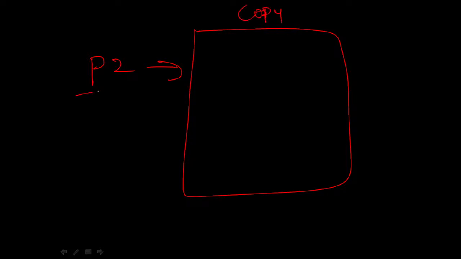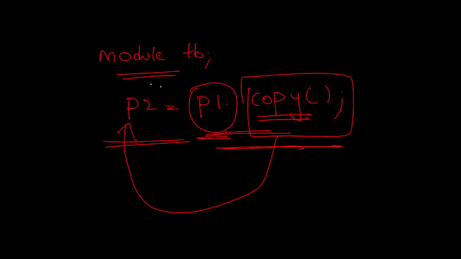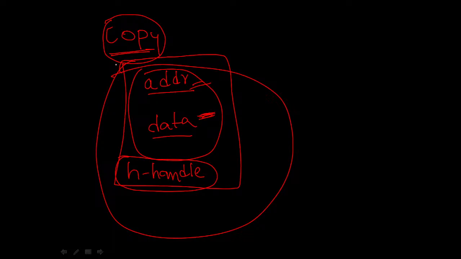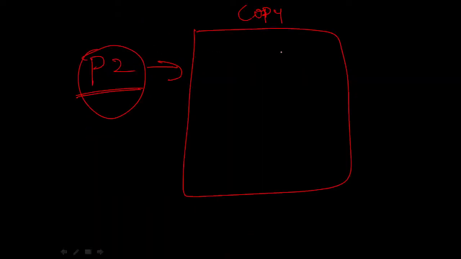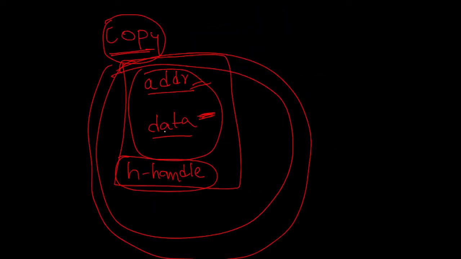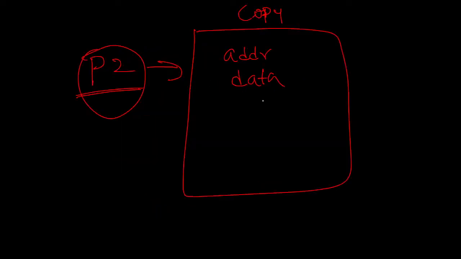So this p2 will point towards the object which has been created when we call this copy method. What object will it point to? It will point to this object, which contains addr, data, and the handle h underscore handle, which is being pointed to one more object, that is id.